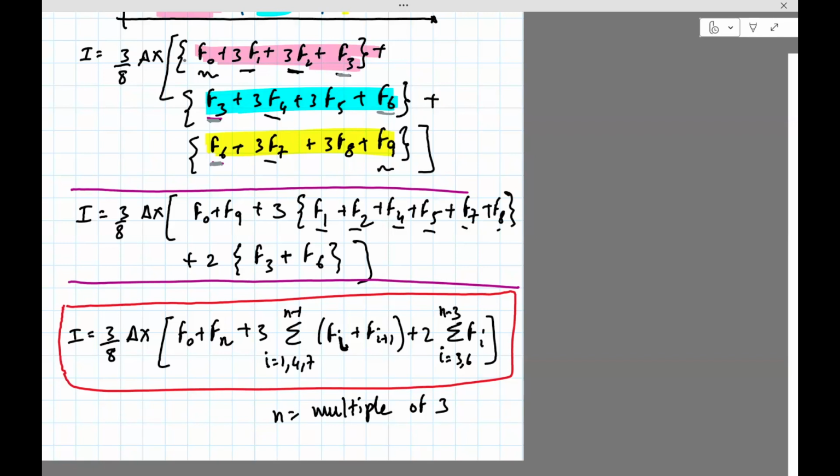Okay, now with that, we can apply this on the same problem which we did last time and see if we can get a better answer.